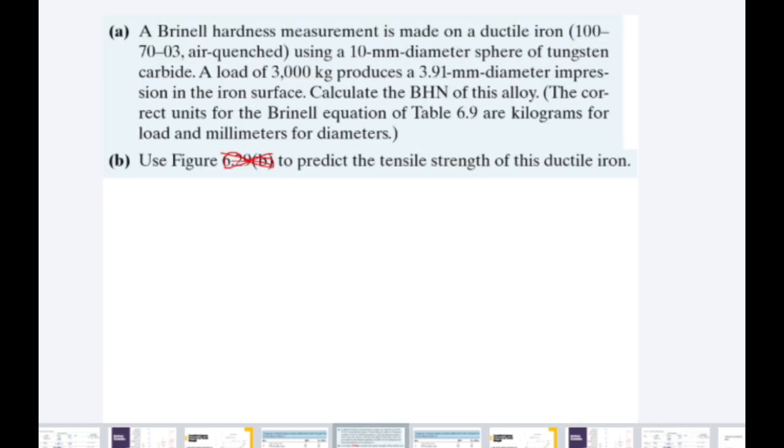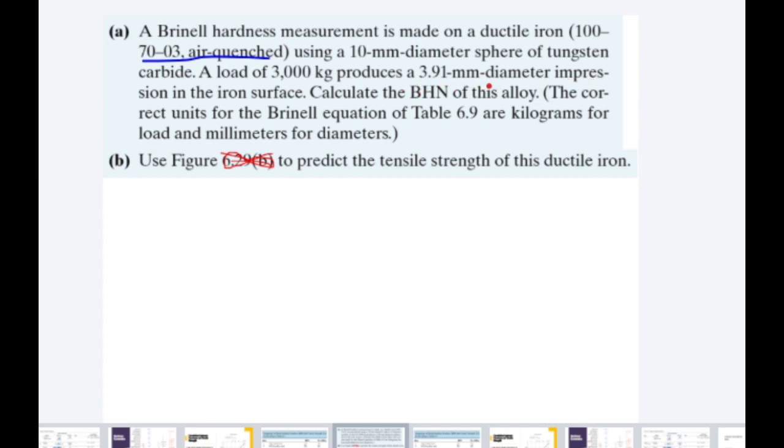Now here we have one example. You guys will solve it and let's see how you solve it. Look what is in the example. A Brinell hardness measurement is made on ductile iron, air quenched iron, using a 10 millimeter diameter sphere of tungsten carbide. So a tungsten carbide sphere indenter is used. A load of 3000 kilogram produces a 3.91 millimeter diameter impression.